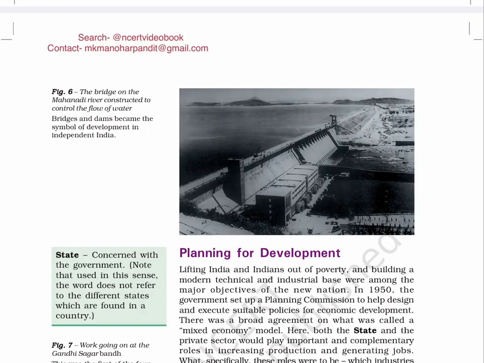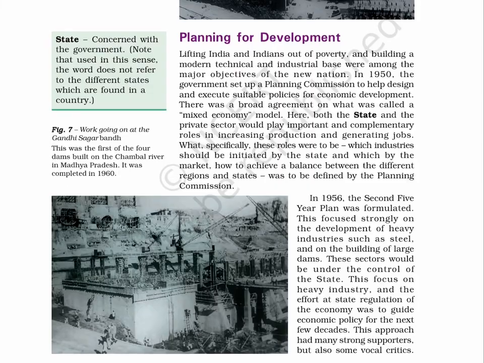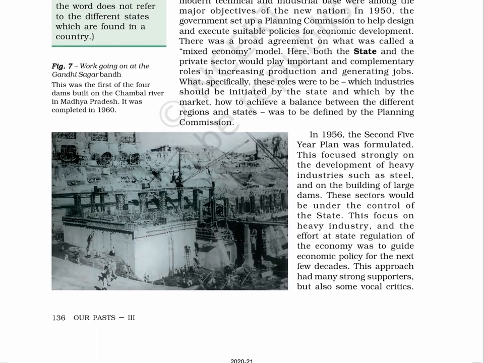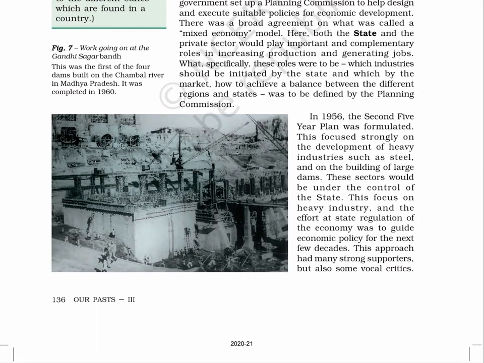Bridges and dams became the symbol of development in India. Figure 7. Work going on at the Gandhi Sagar Bandh. This was the first of the 4 dams built on the Chambal River in Madhya Pradesh. It was completed in 1960.